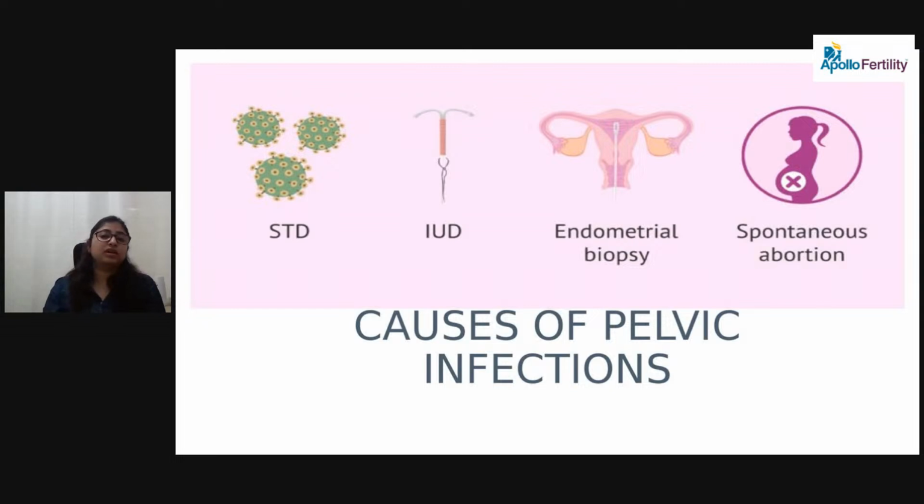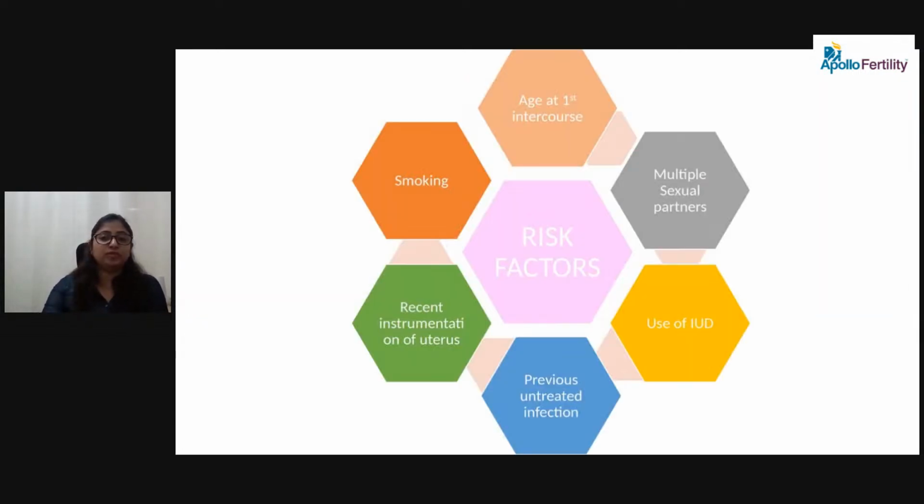Now coming to the causes of pelvic infection. The causes can be many. They are mostly bacterial infections, or fungal or viral infections, but most commonly bacterial. These can be chlamydia and gonorrhea, which are sexually transmitted infections. Other than this, there can be candidiasis, the yeast infection, which is not considered sexually transmitted.